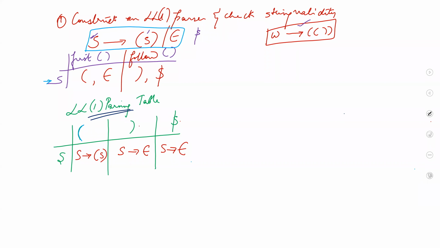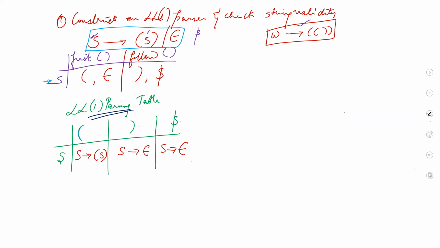Now that we've seen in detail how to construct the LL1 parsing table, now we will check for string validity. To check for string validity, you already have a string in the question, and then you have to check whether this is valid or invalid.